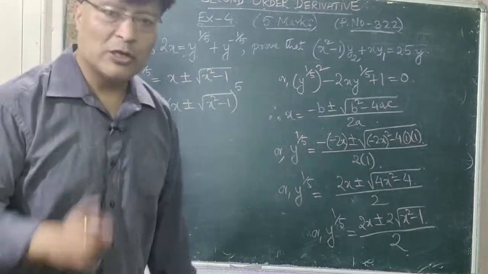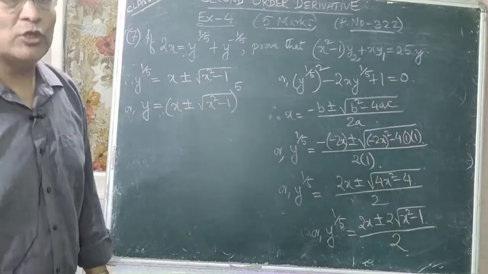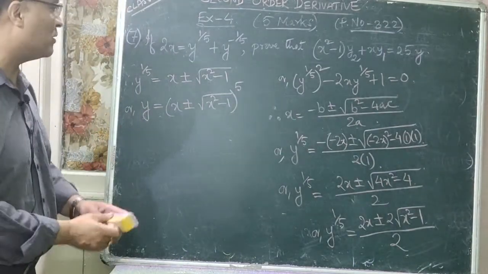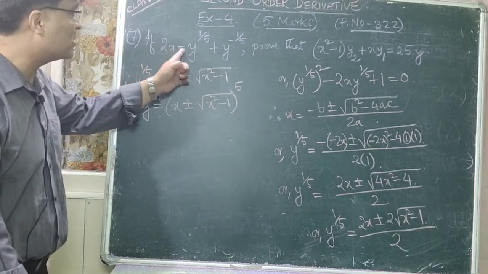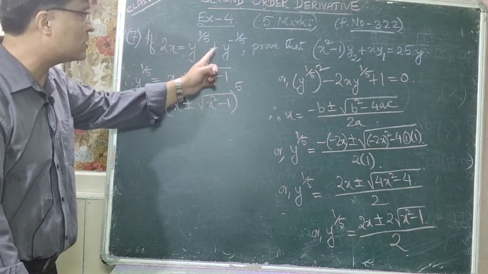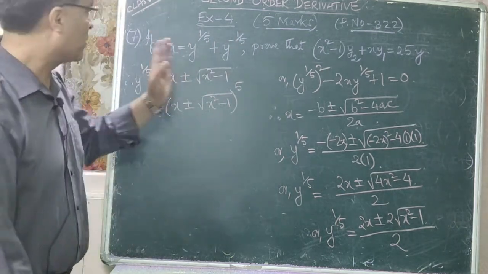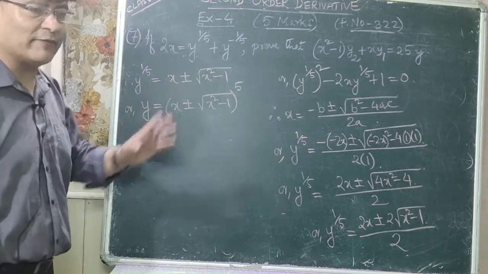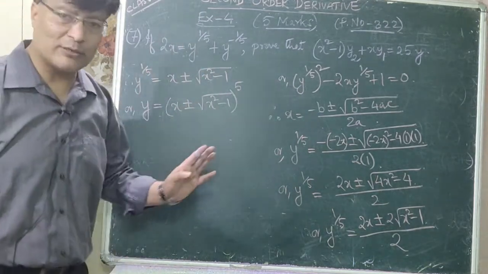Is that clear? So we have expressed y in terms of x. Sometimes you may be asked to find out the value of y in terms of x from the relation 2x is equal to y to the power 1 by 5 plus y to the power minus 1 by 5. So this is the method to find out y in terms of x when x in terms of y is given. Is that clear to all of you?